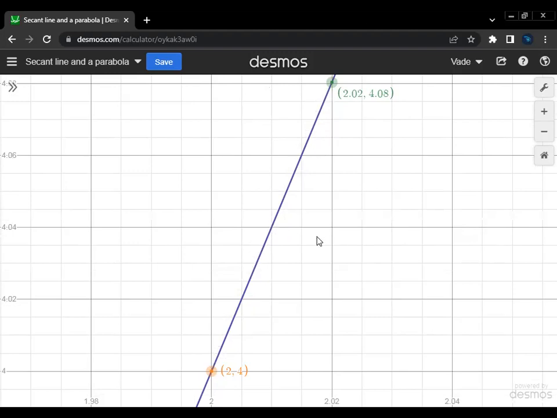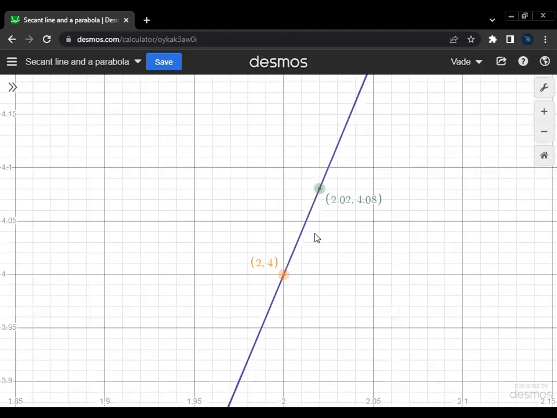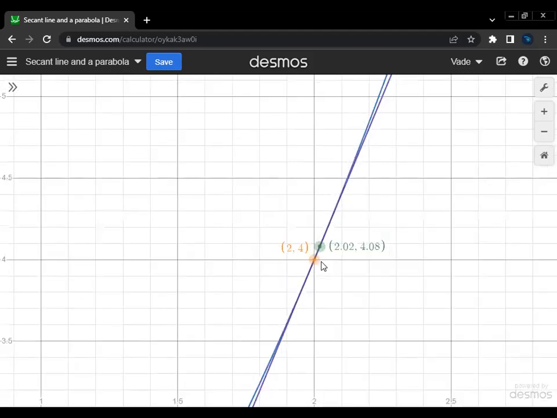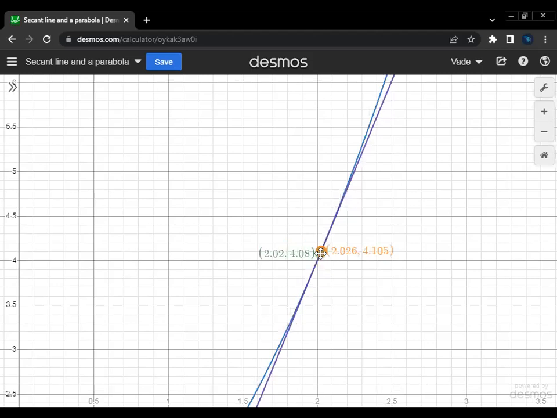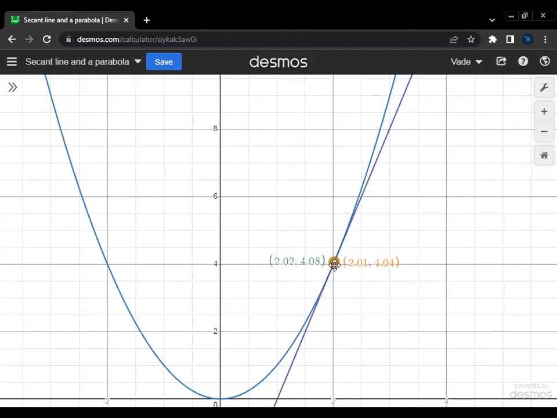So that means we can get the slope of the tangent not exactly, but by estimate. Getting the slope exactly at one point is impossible.